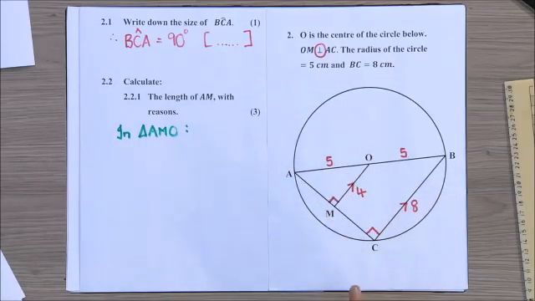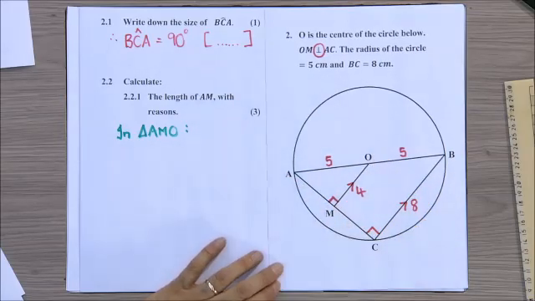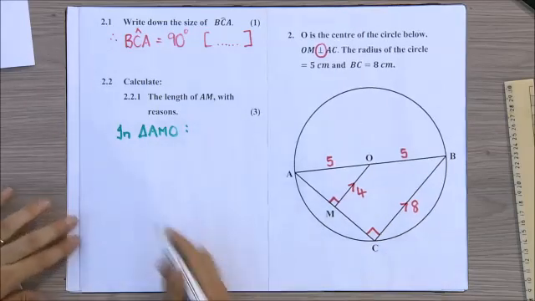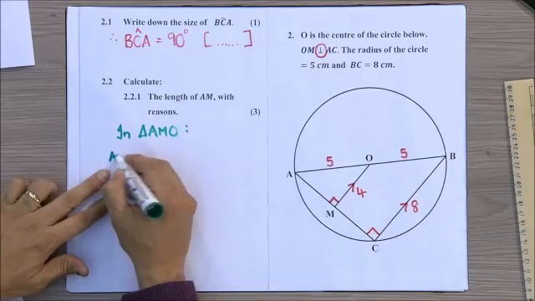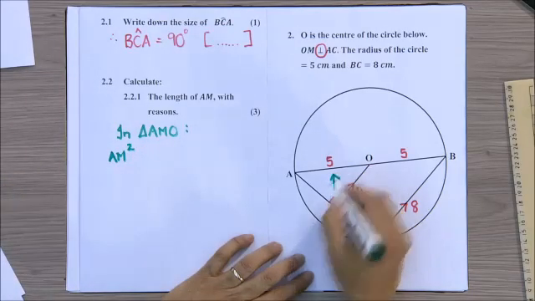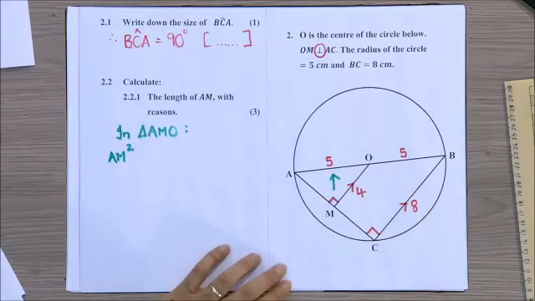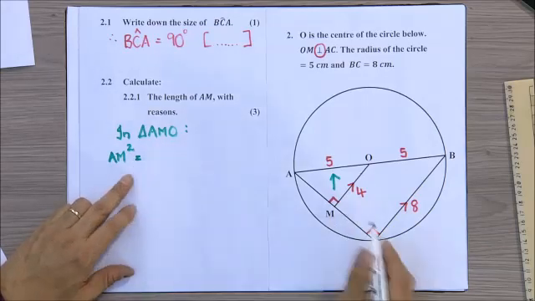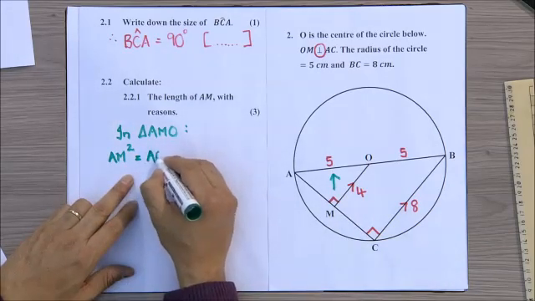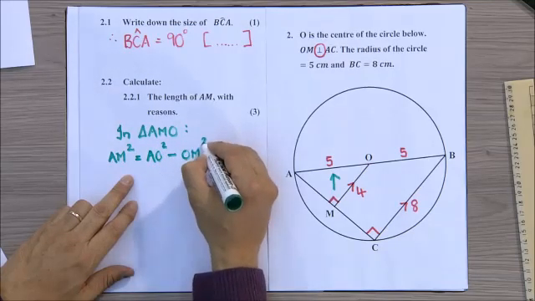In any right angle triangle, there's the theorem of Pythagoras that says that the square of the hypotenuse is equal to the sum of the squares of the other two sides. So the statement we can write down: remember where's your hypotenuse? It's opposite the 90 degrees. That is the longer side. So AO squared will be equal to AM squared plus OM squared, so AM squared is AO squared minus OM squared.